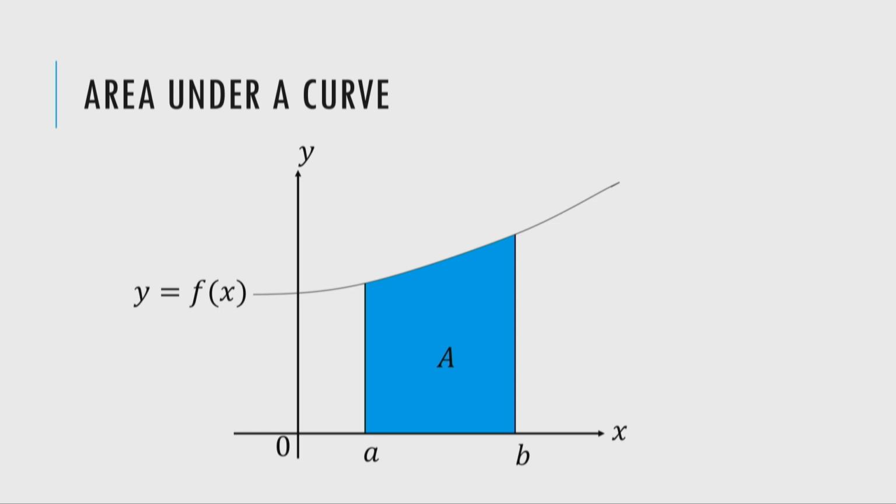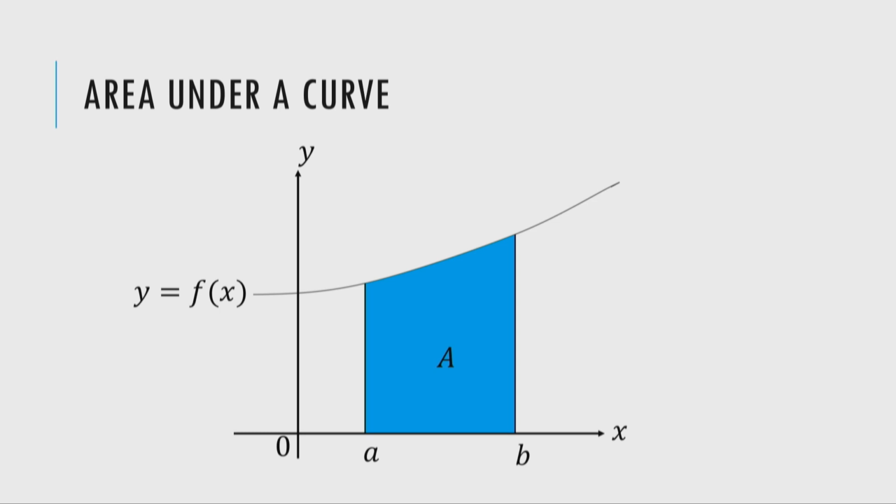This figure shows part of the curve y = f(x). The shaded area A lies between the curve and the x-axis, bounded by the ordinates at a and b. This area is called the area under the curve between a and b. This area is calculated by the definite integral of the function f(x) from a to b.